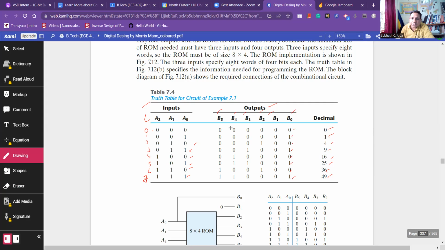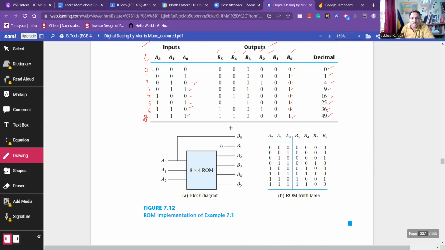Now, moving on to how to realize it. While realizing, if we give a little more thought, we can minimize the implementation also. Since there are 3 inputs, K is equal to 3.